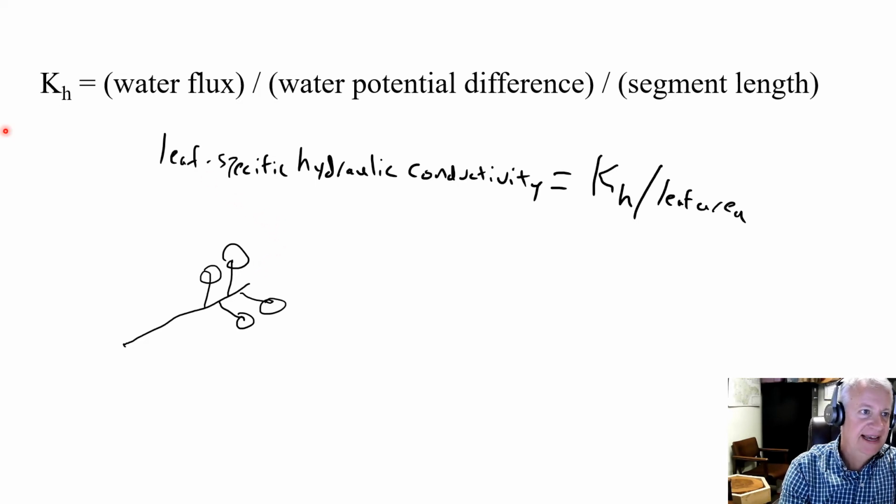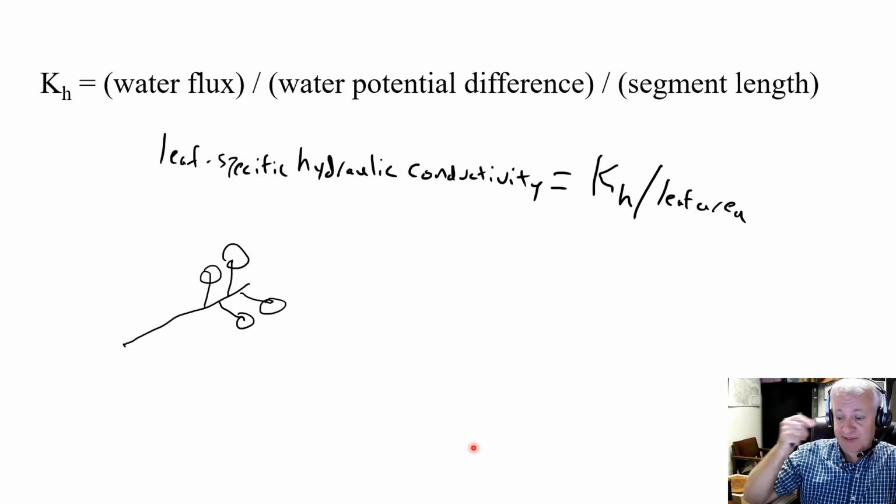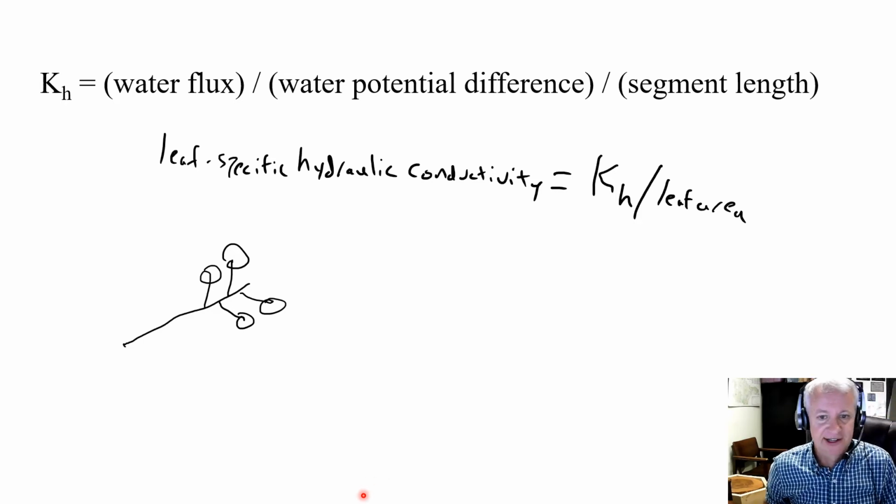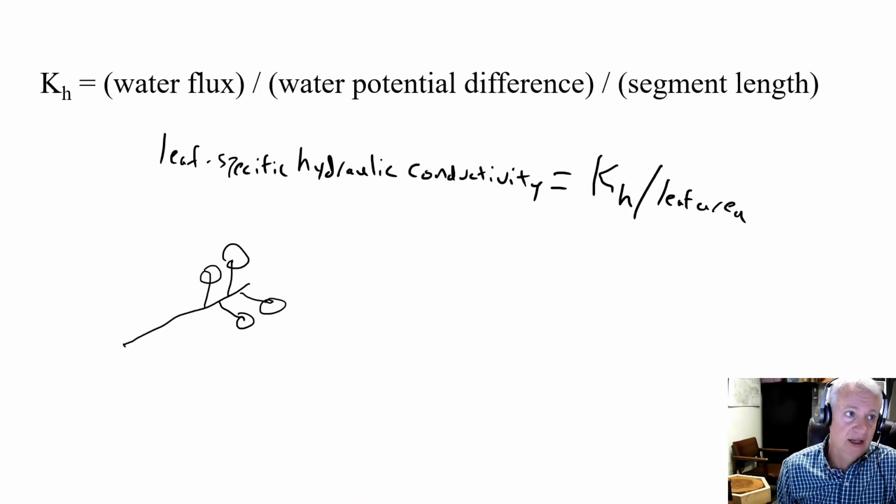We can calculate KH as we described earlier, but then we measure the leaf area of that particular branch and normalize that KH value by the leaf area on that branch. You can do the same thing for an entire tree if you had the appropriate measurements. So that leaf-specific hydraulic conductivity is a pretty common formulation as well.